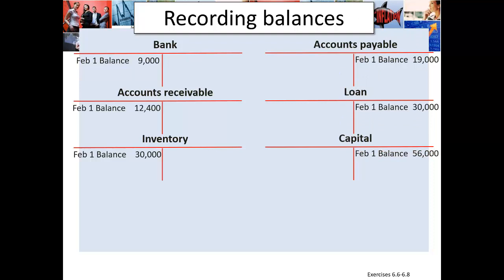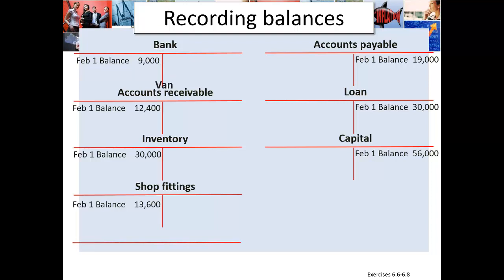Capital, that's equity, normal nature credit, right hand side. Shop fittings are an asset, normal nature debit. Van, of course, is an asset, normal nature debit. Left hand side there, on that left hand side.